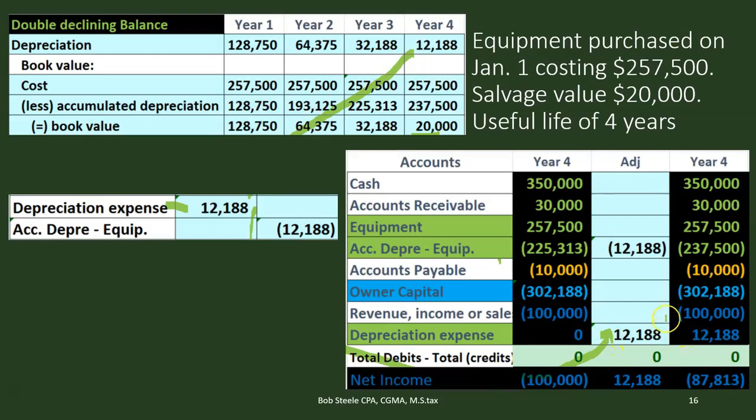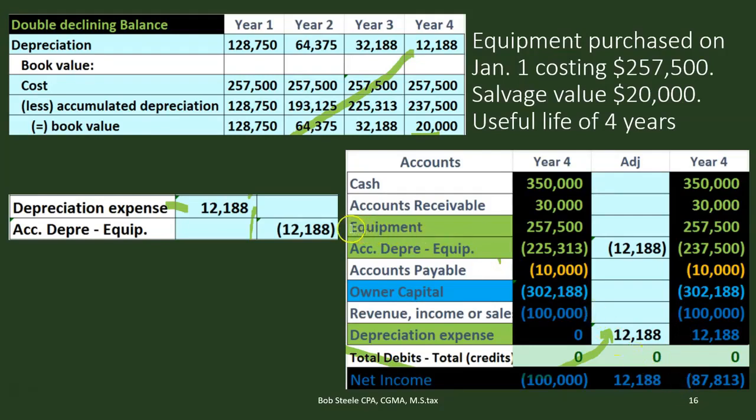Effect on net income, revenue less the expense brings net income down to 87,813. Revenue less the expense down to 87,813. That is revenue, that's not an expense. Revenue is winning. The credit's winning over the debit expense. So that is revenue, not a loss.